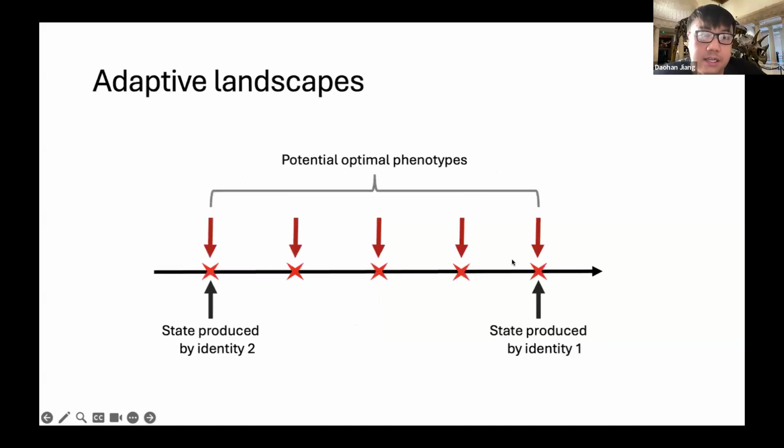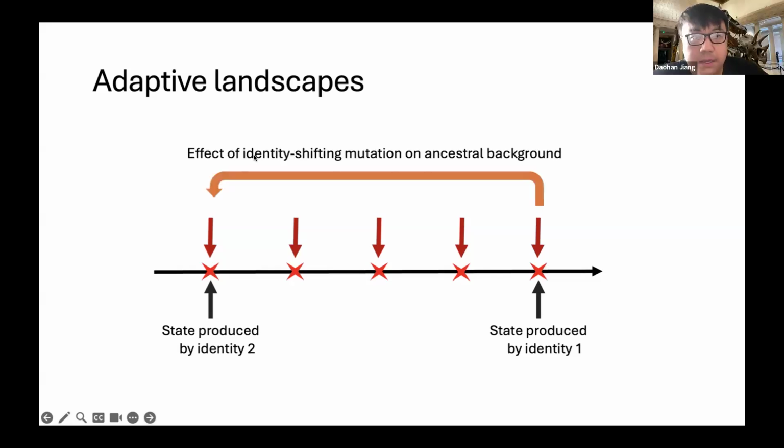And we considered some different scenarios of selection. The optimal phenotype can be the phenotypic state produced by either identity. It can also be something in between. But because of the effect of identity-shifting mutation, whenever the optimum is in between them, it will overshoot.